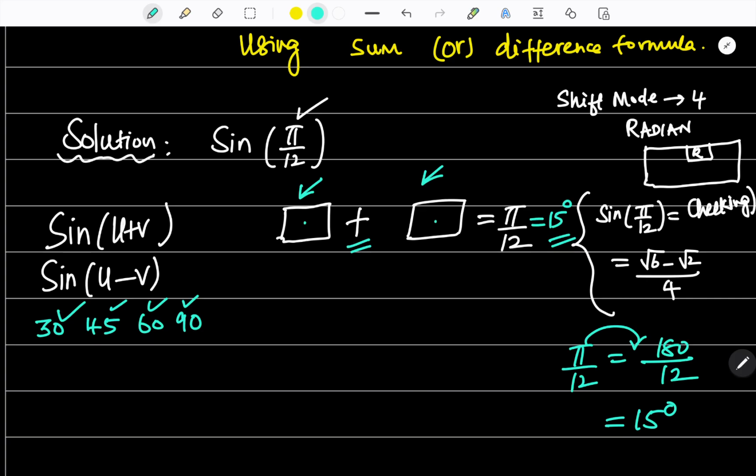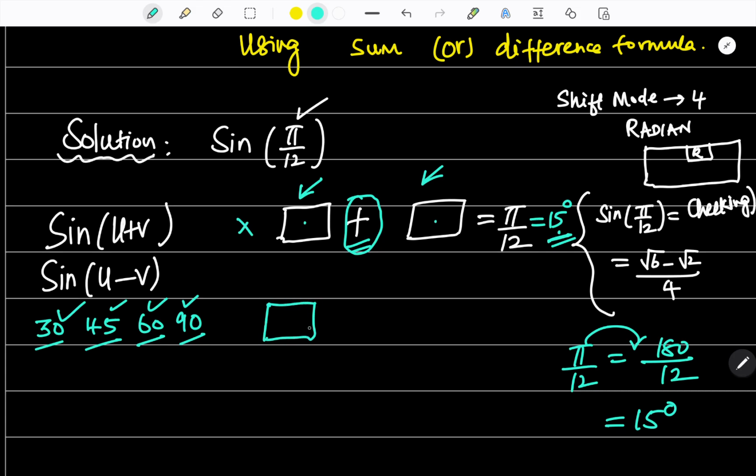Can I get anything if you add plus you will get 15? Definitely not, right? 30 bigger than 15, 45 bigger than 15, 60 bigger than 15, 90 bigger than 15. So I cannot take any values under plus. So this is wrong.